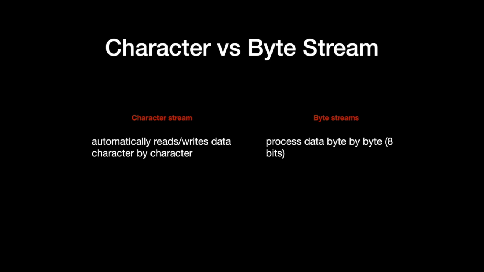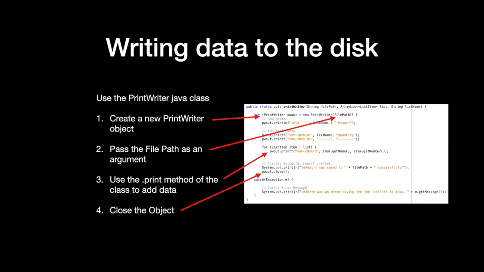Now, how do we write data to the disk? We can use the PrintWriter Java class that is already built into Java. The first thing we have to do is create a new PrintWriter object and pass the file path as an argument.